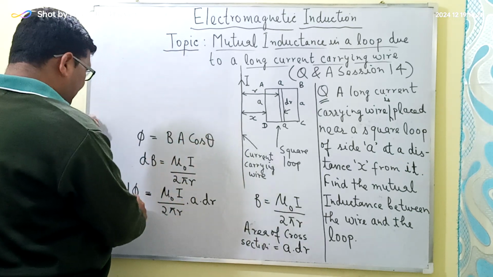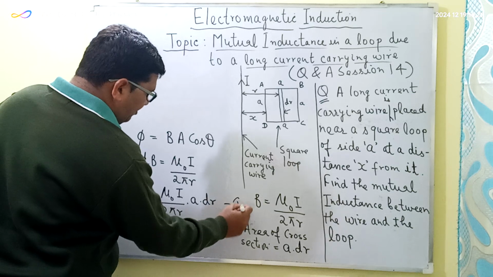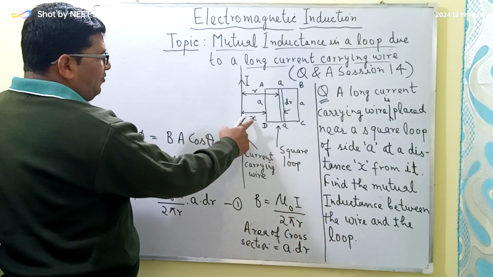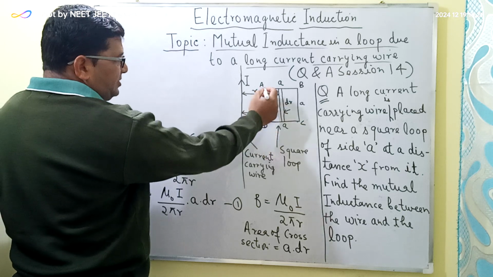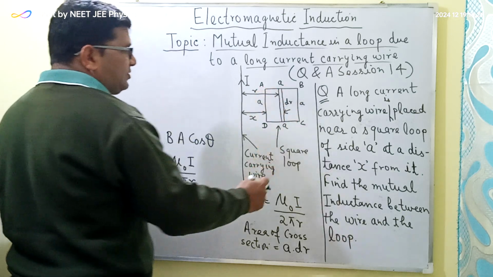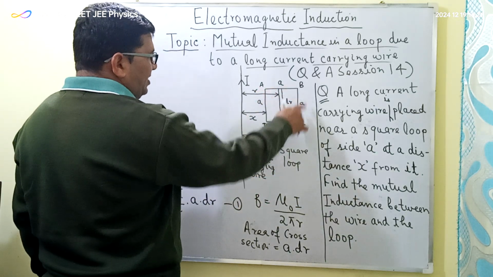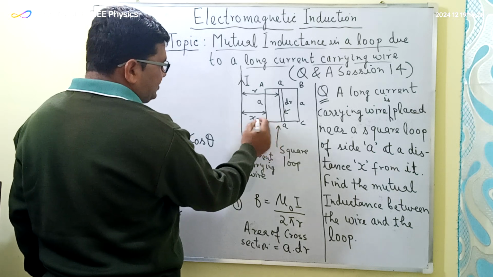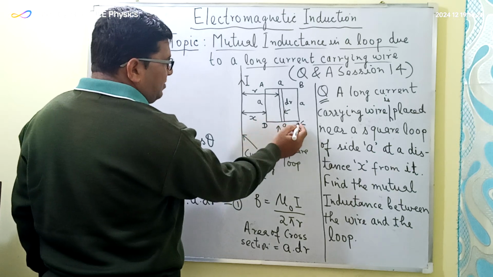Now, by integrating this equation, say this is the equation number 1, within the limits of x and x plus a, because we have to find the magnetic flux which is linked with the square ABCD. So the limits of integration will be from x to x plus a.